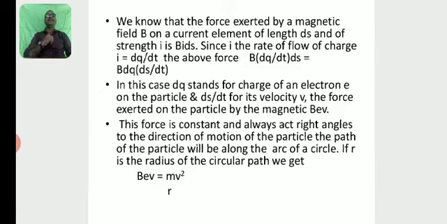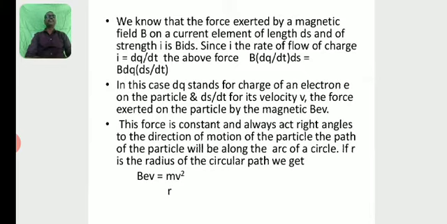Theta is 90 degrees, so F is equal to BQV. Here ds by dt indicates the velocity. In this case, dq stands for the charge of one electron e on the particle, and ds by dt for its velocity v. The force exerted on the particle by the magnetic field is BeV, or BQV in general.